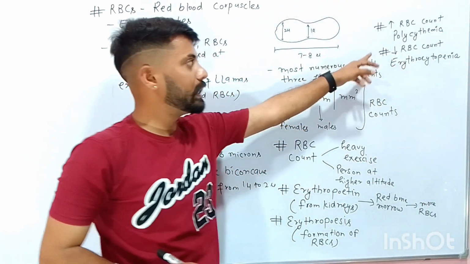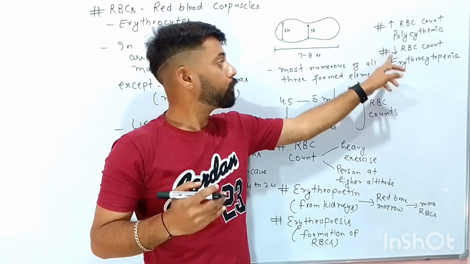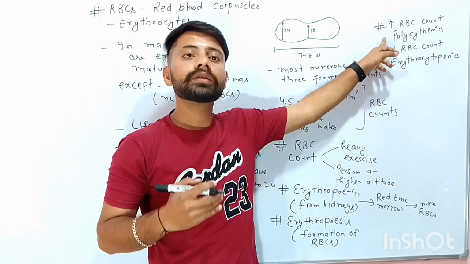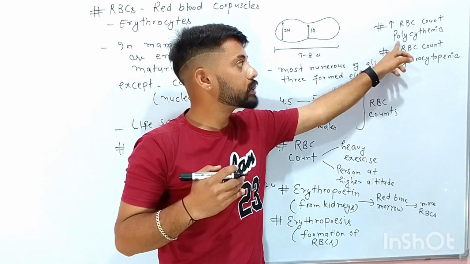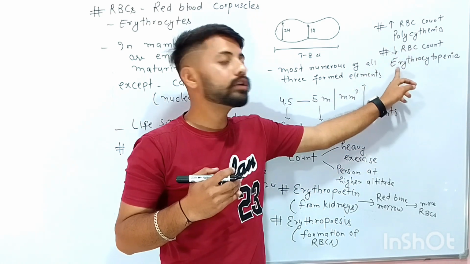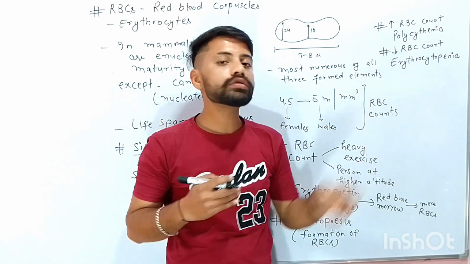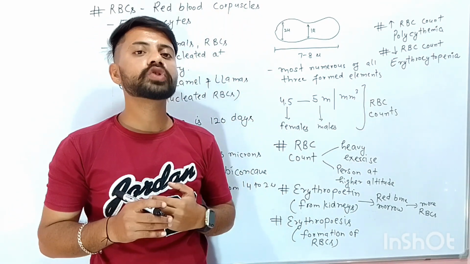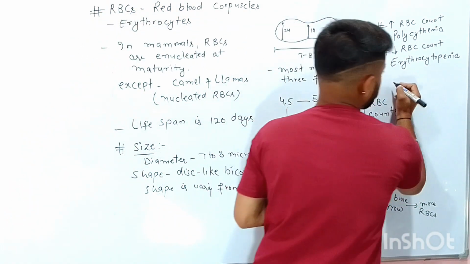So these are two conditions where the RBC count increases and falls abnormally: an increase is polycythemia, and if there is a fall in the RBC count, then the person suffers from erythrocytopenia.